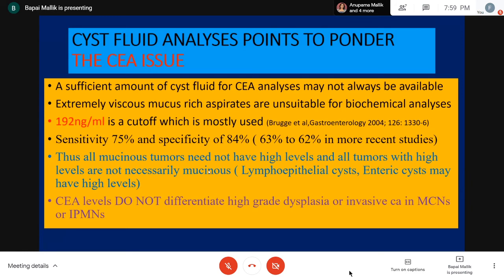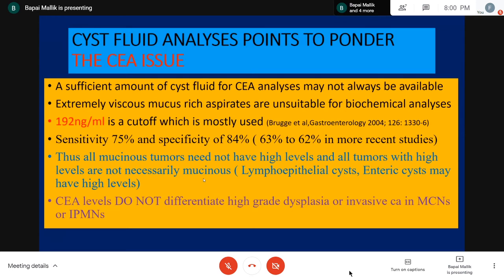According to some of the recent studies, they have shown sensitivities and specificities as low as 63 to 62%. What does that mean? Because of a sensitivity of 75%, it means that there are mucinous tumors which do not show raised levels of CEA, and the fact that all tumors with raised CEA levels may not necessarily be mucinous tumors.